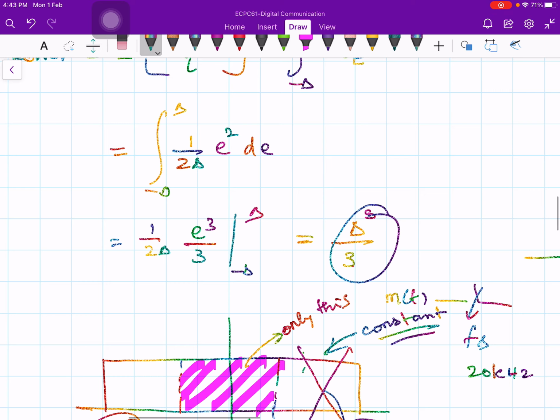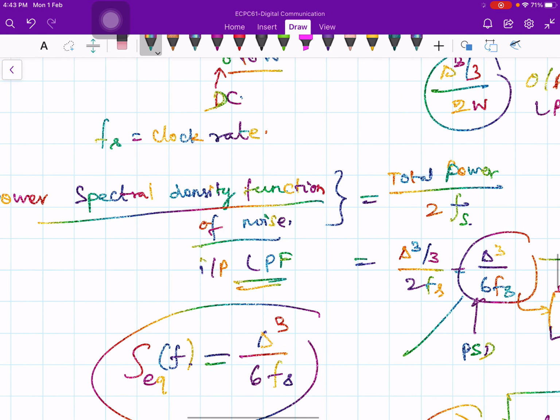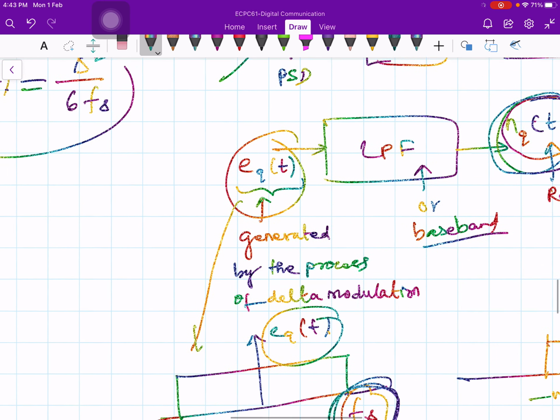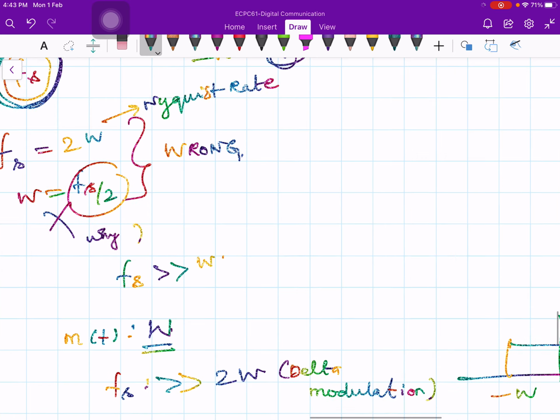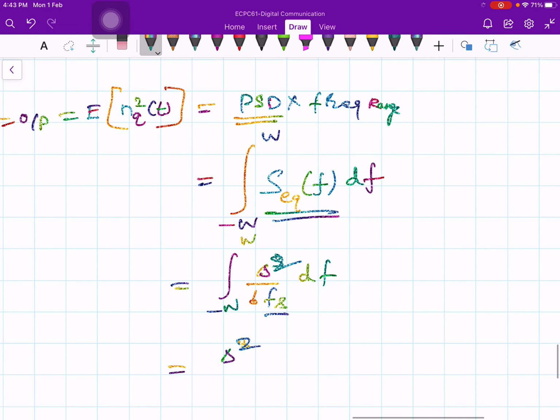This is delta square by 3, I guess. Okay, let me check. Yeah, I'm sorry, this is delta square by 3. Delta square. So delta square by 3 times W by Fs.